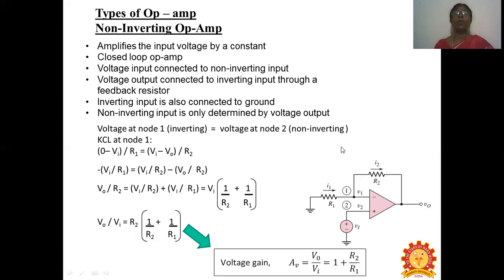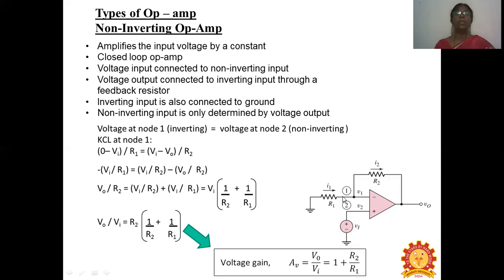The voltage input is connected to the non-inverting input. The voltage output is connected to the inverting input through the feedback resistor R2. The inverting input is also connected to ground. The non-inverting input is determined only by the voltage output.